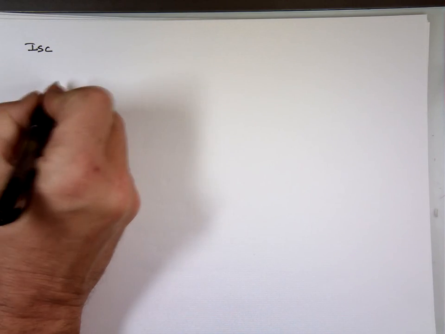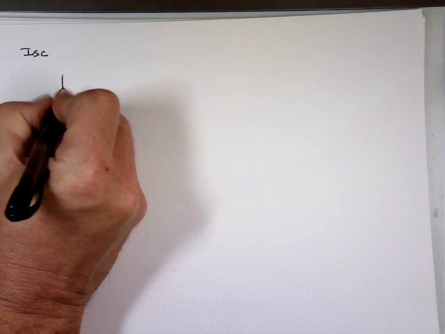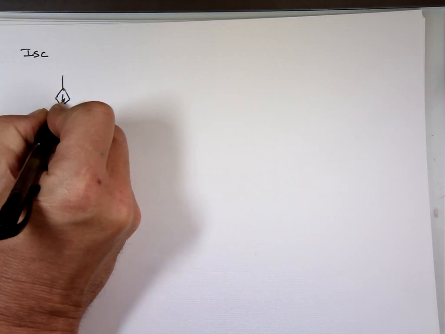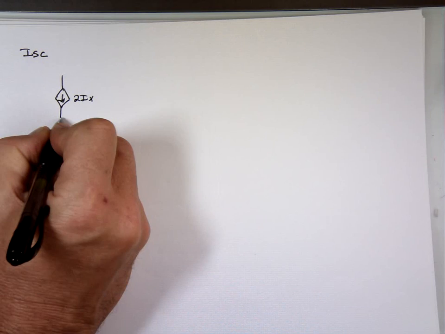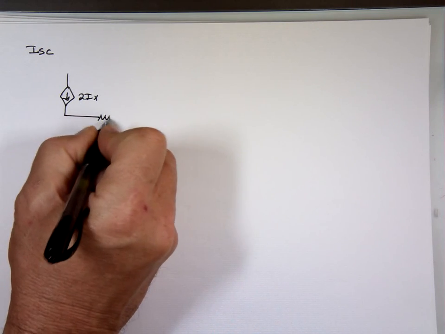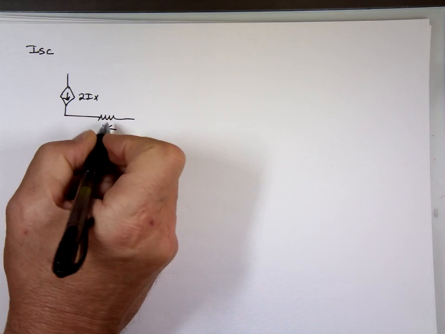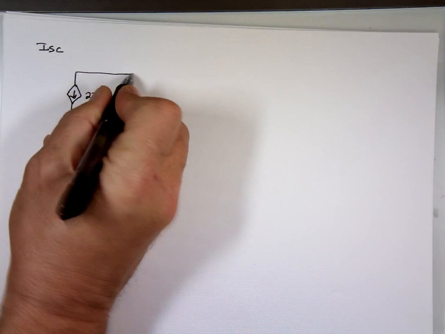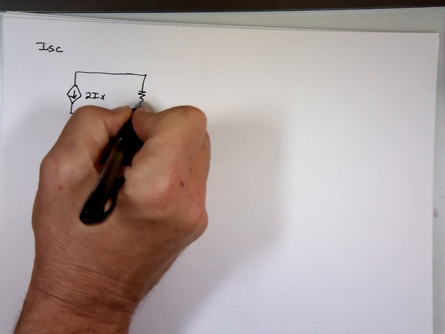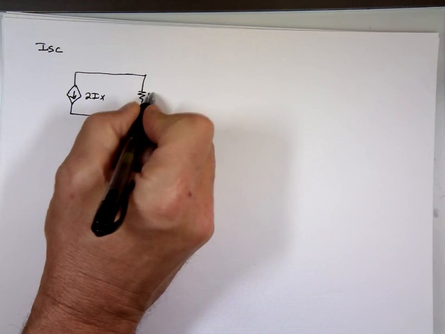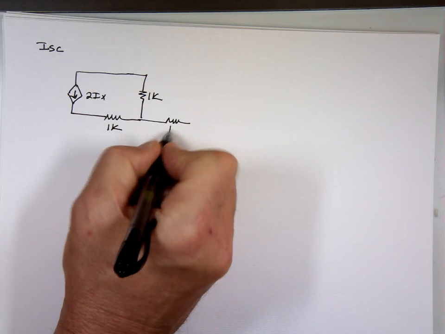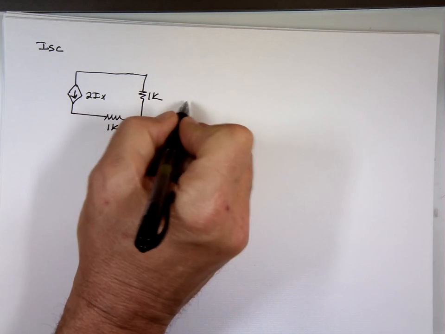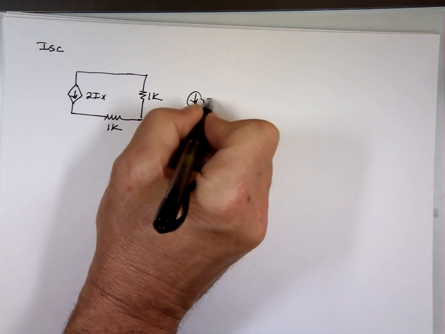So let's redraw that. Two I sub x, 1K, one K, 2 milliamp.